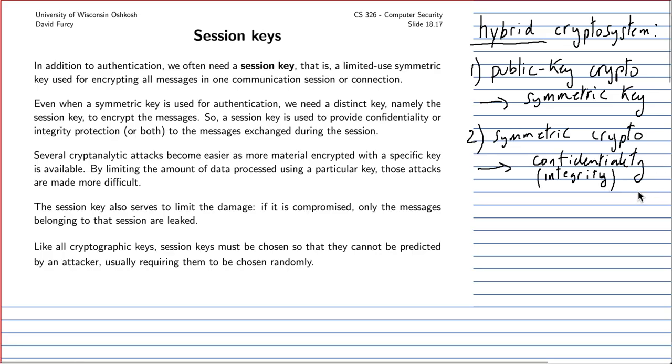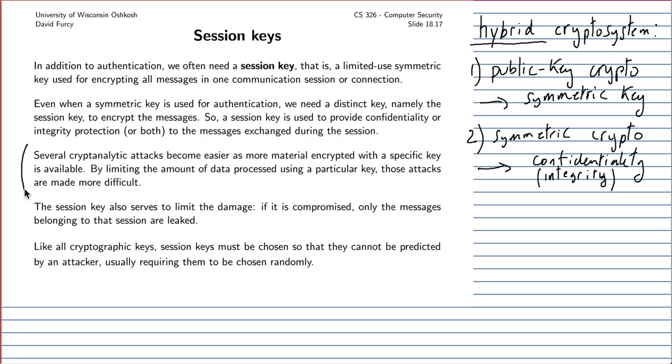This is because the more messages are encrypted and intercepted by the attacker with the same key, the more information the attacker has to try and break the crypto. So you don't want to be using the same key for month and month at a time, because then the attacker can capture thousands and thousands of messages and has a better chance to figure out what the key was.